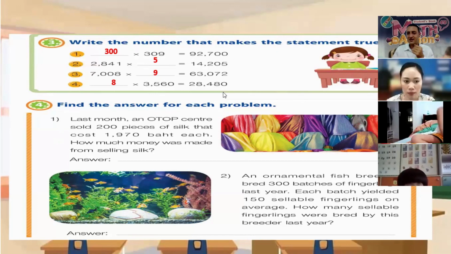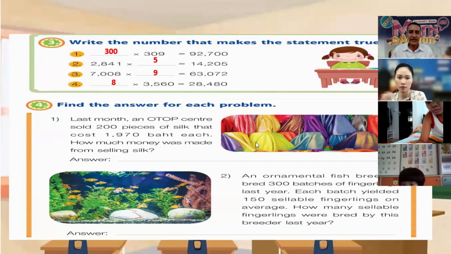Made from selling. If you would like to find the wholesale, how much money they make, which method are we going to use? Multiplication, division, subtraction, or addition? We are going to use multiplication.